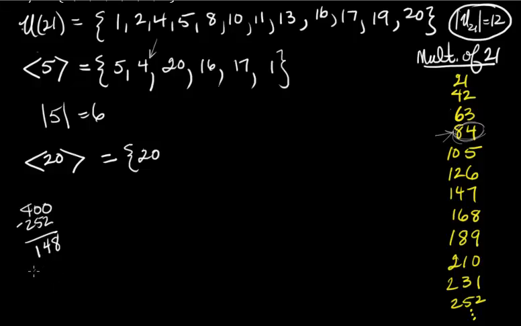And then, subtract out 147 more, and I have 1. So you just subtract out multiples of 21, because you're doing your arithmetic mod 21, until you have a remainder less than 21. And here we see it's the identity. So the order of 20 in U21 is 2. Notice 2 is a divisor of the order of the group.